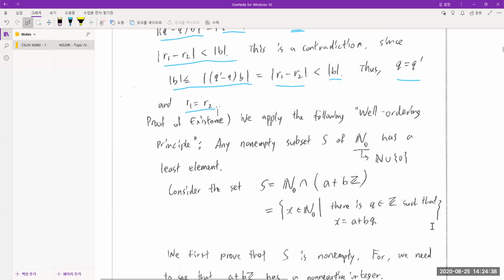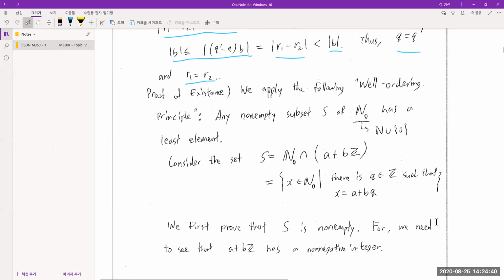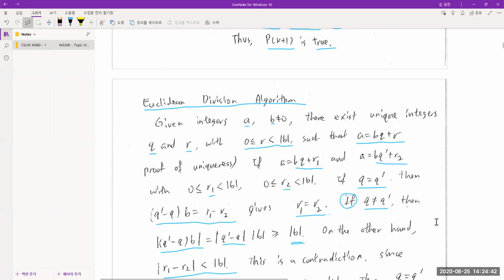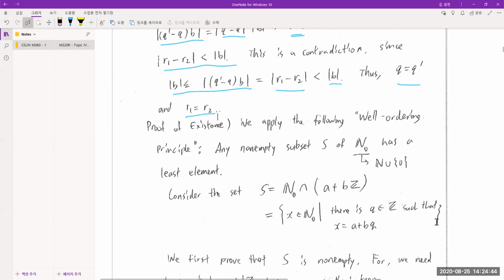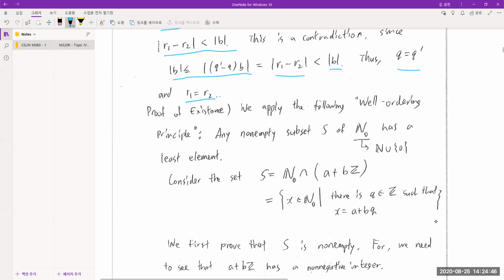The next part is the proof of existence. In this Euclidean division algorithm, the existence part relies on the well-ordering principle. We apply the following form of the well-ordering principle: any non-empty subset of the natural numbers including 0 has a least element.